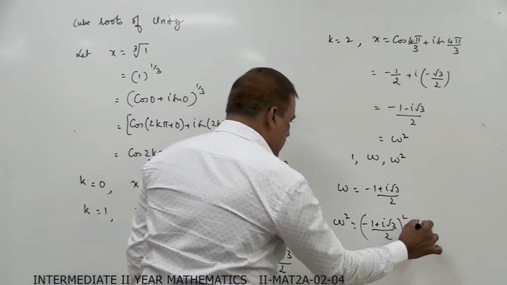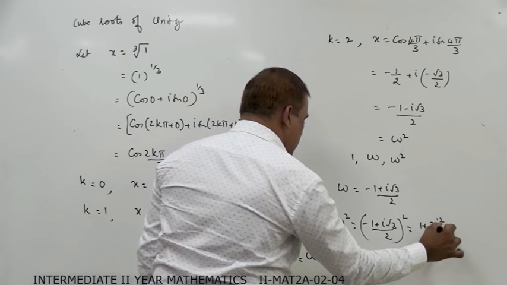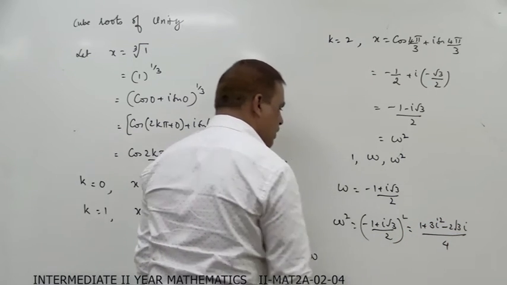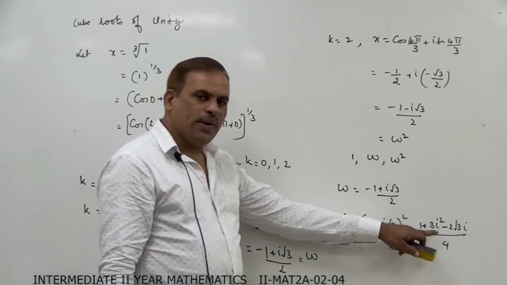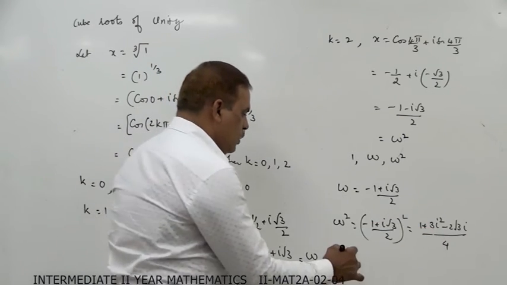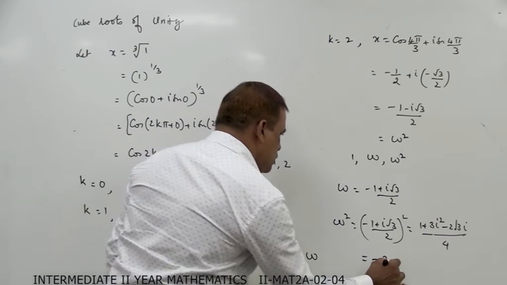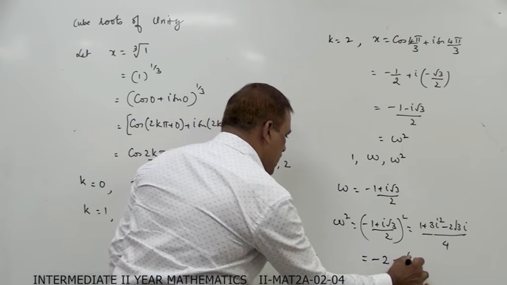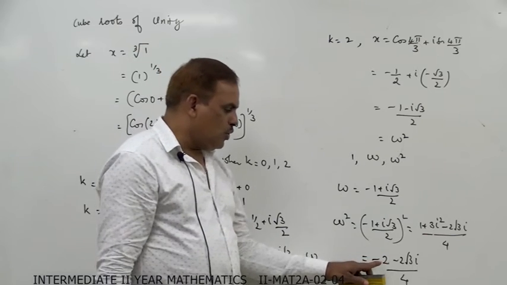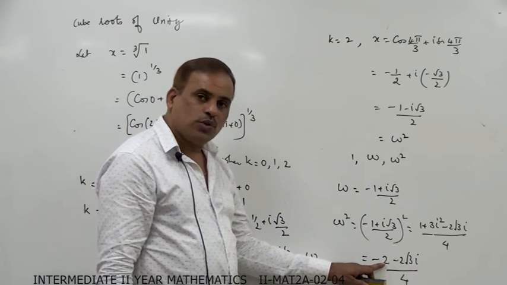It is 1 plus 3i square minus 2 root 3i whole divided by 4. 3i square, i square is minus 1, so 1 minus 3 is minus 2. This is minus 2 minus 2 root 3i whole divided by 4. We can take 2 common.